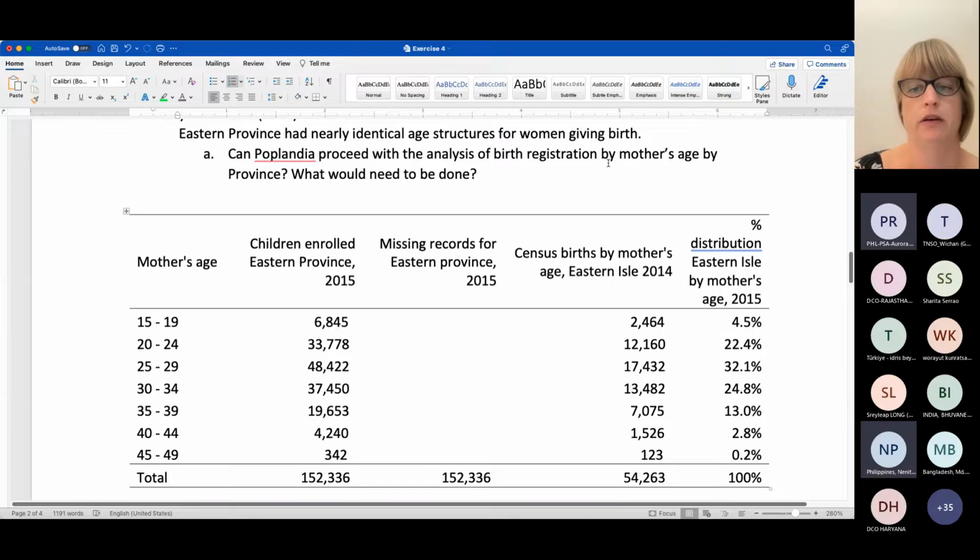But then we have some other information and sources. So maybe what is something that we could consider that we could do so that we can go forward with analysis of a mother's age by province for birth registration completeness. So I'll just give you a few minutes to think about this, and we'll post some thoughts to the Jamboard.